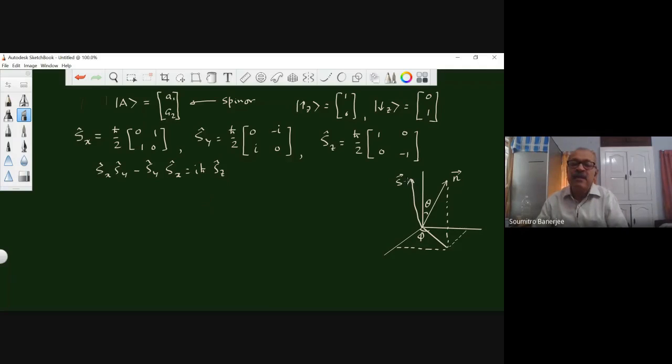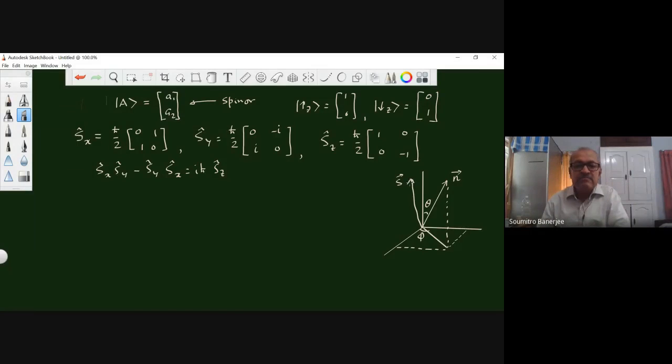If the spin is in state s, and I have oriented my Stern-Gerlach apparatus in any arbitrary direction n, then we'll be able to find the probabilities that way. So this is what we are trying to drive at. The spin is in an arbitrary direction, and I have oriented my Stern-Gerlach apparatus in another arbitrary direction n, and we are trying to figure out the probabilities of finding up and down.